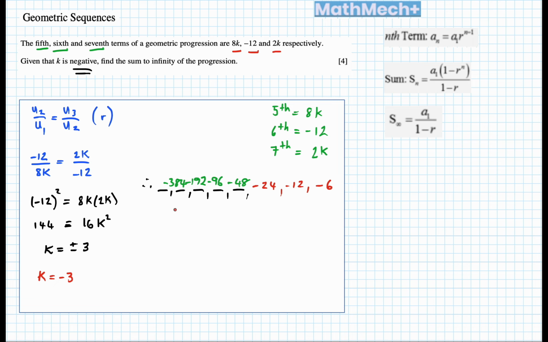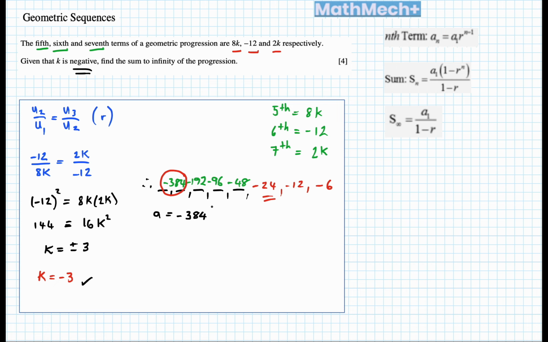Let me just check I did that correctly. First, second, third, fourth. That was the fifth, of course. Sixth, seventh. All right. a is minus 384. With k over here, okay, that was fine.